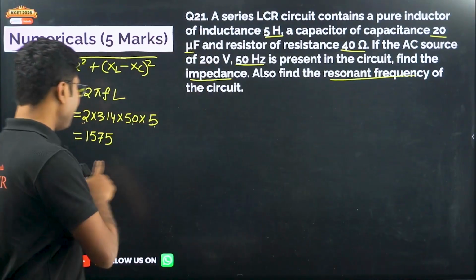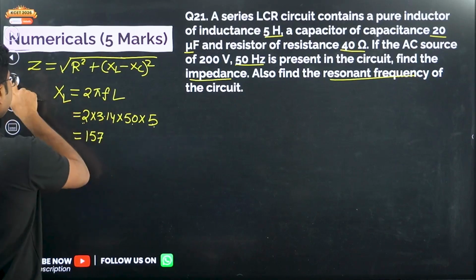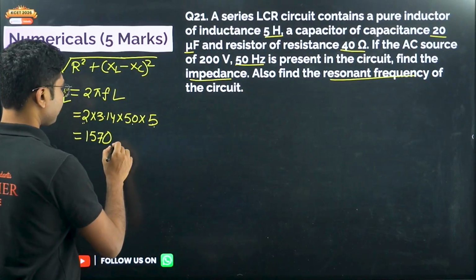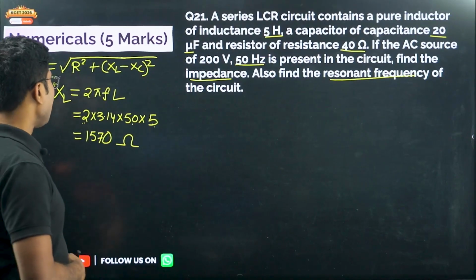Okay, this will be 1570. You are allowed to use a calculator in your PU board exam, so you can use a simple calculator to calculate the exact value. So 1570 is the approximate XL.